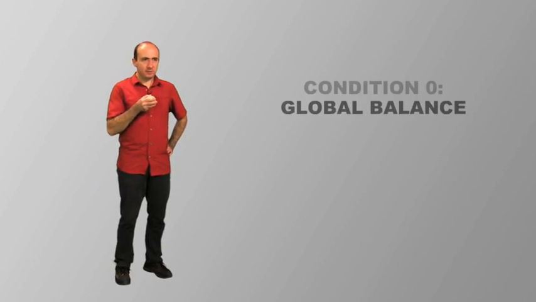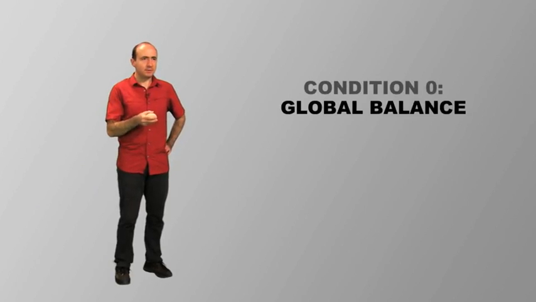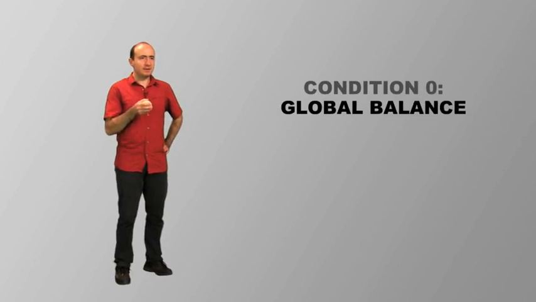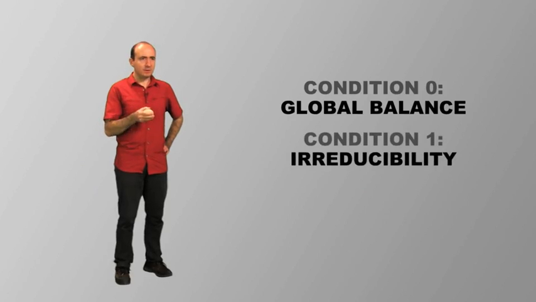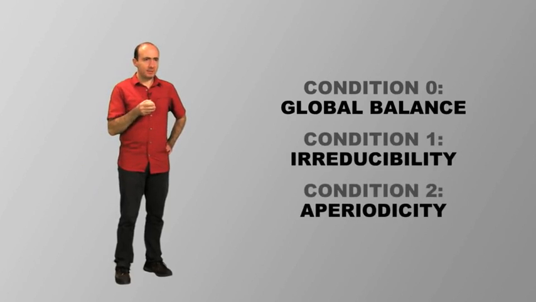What we have seen here has been cast by mathematicians into 2 conditions that we must supplement to the global or detail balance condition that Werner discussed during the lecture. The Markov chain must satisfy global balance and condition 1, it is irreducible, and condition 2, it is aperiodic.